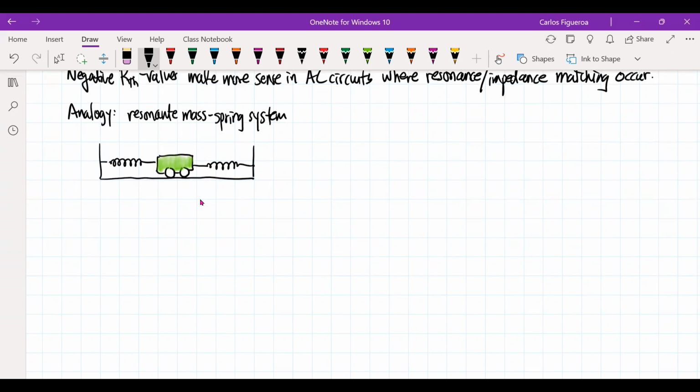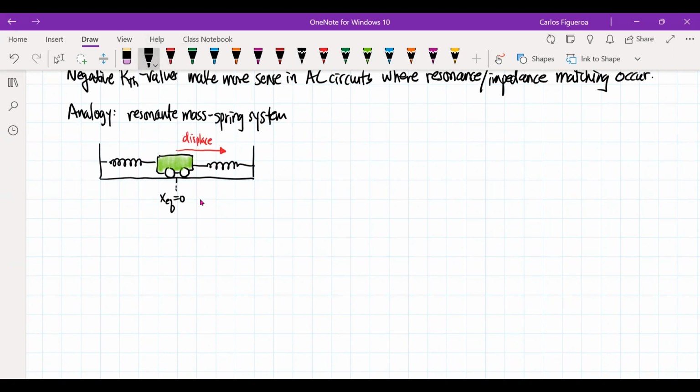Because this cart's at rest, we know that right here, this is our equilibrium point, which is equal to 0. So I'm going to displace this cart, that means I'm going to move this cart, let's say, to right here.